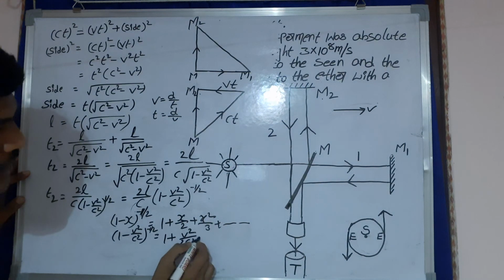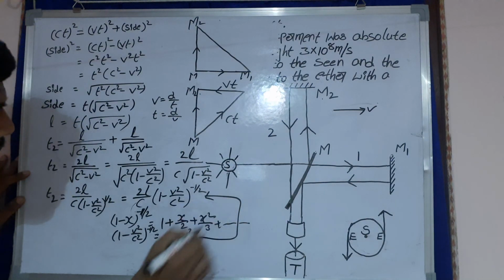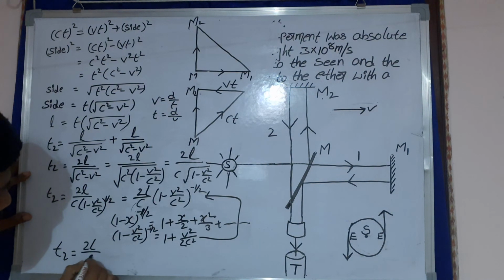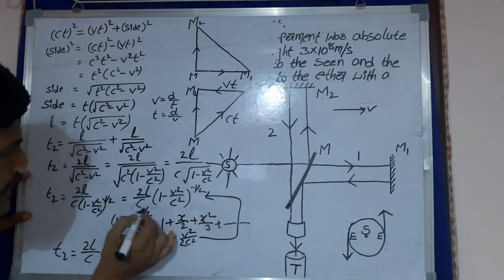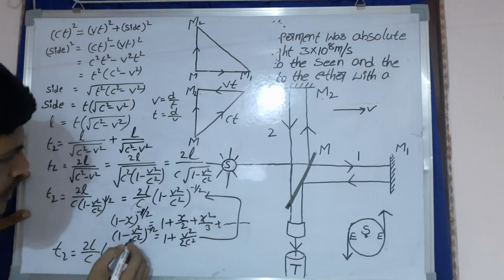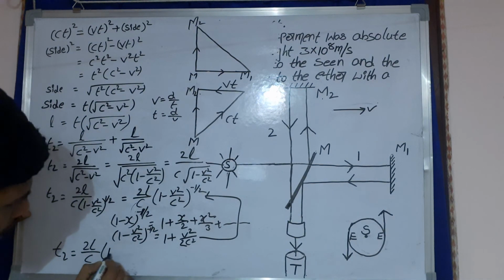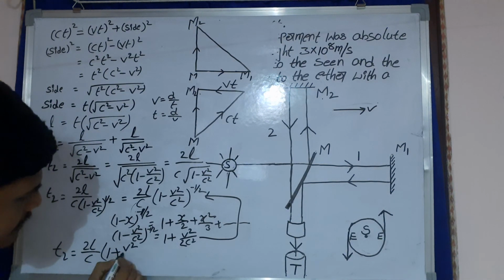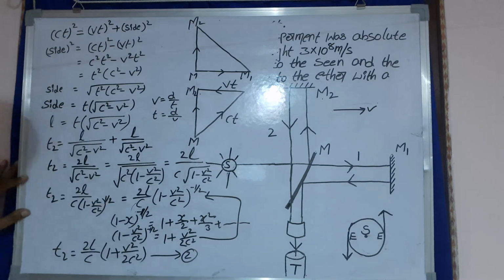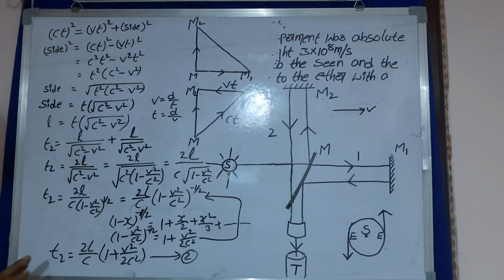So this value is substituted in above equation. So T2 equal 2L by c into 1 plus v square by 2c square. This is equation number 2. So this is the time taken T2.